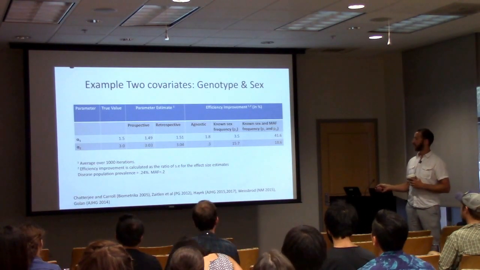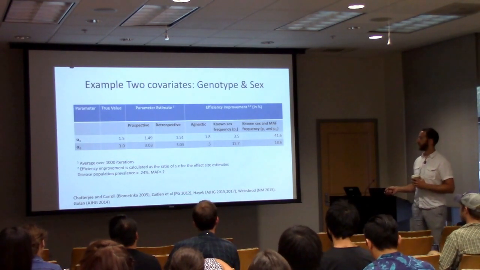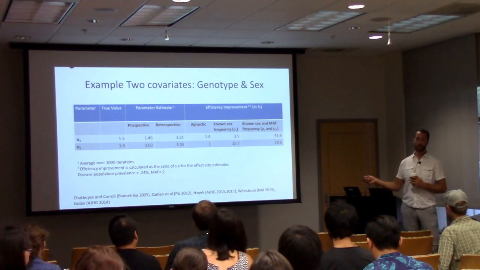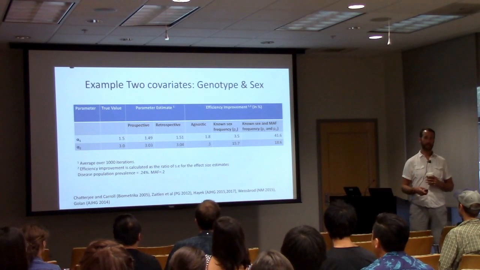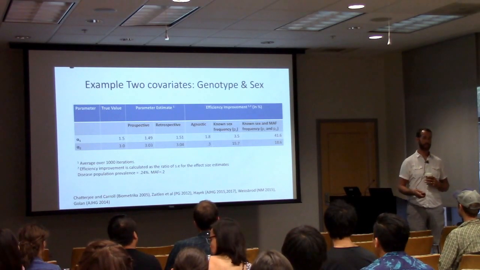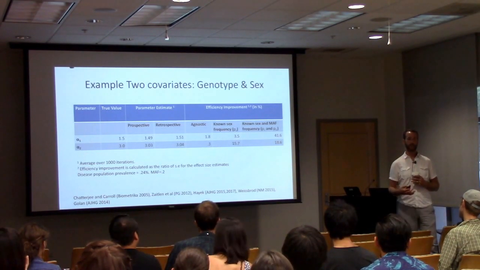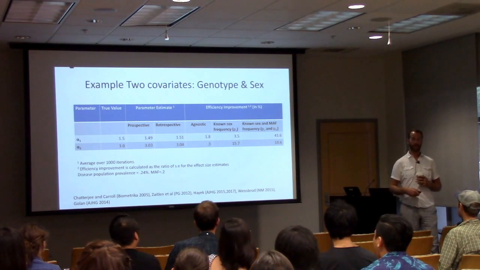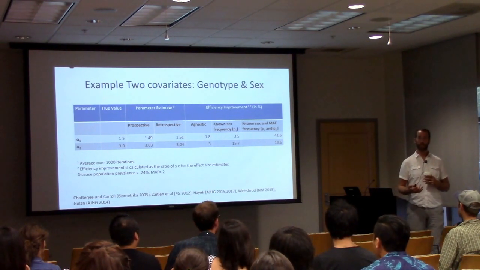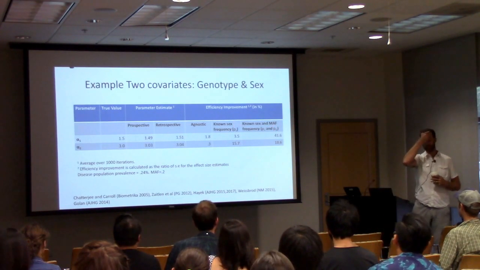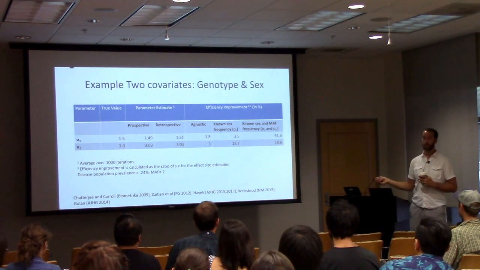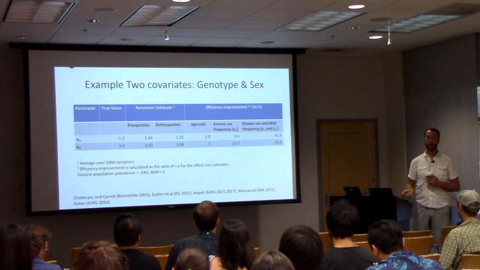In the literature, and I put a bunch down here that I'll walk through in a second, one of the popular ways to use retrospective likelihoods is to incorporate external information. So I might know things like the disease prevalence, or I might have some estimate of the overall frequency of the genotype in the population, or I might know what proportion of the population is male.